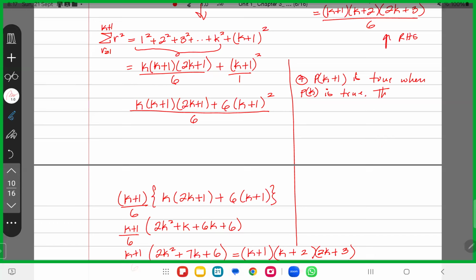Therefore, P(n), which is the statement, the sum from r equals 1 to n of r squared is equal to n(n+1)(2n+1) all over 6, is true for all n, an element of the set of natural numbers.